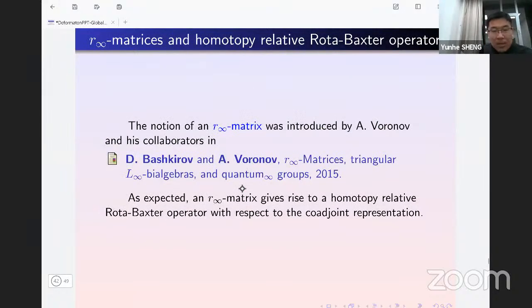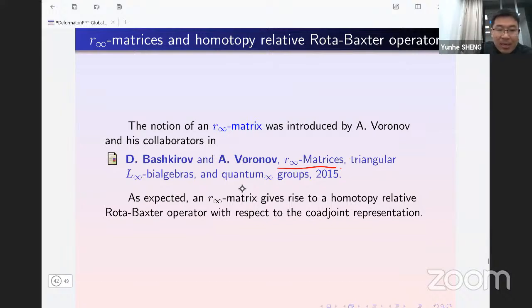So maybe I talk a little bit about the r infinity matrix. The notion of an r infinity matrix was introduced by Aleksei Vernoff and his collaborators in this paper. And in the classical case, a triangular r-matrix gives us a relative Rota-Baxter operator with respect to the coadjoint representation.